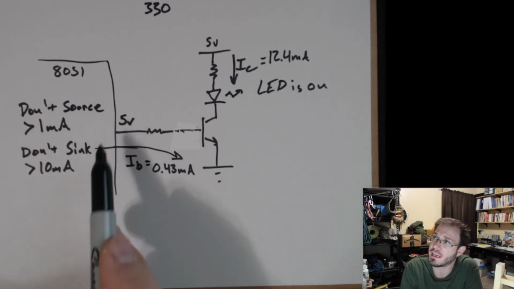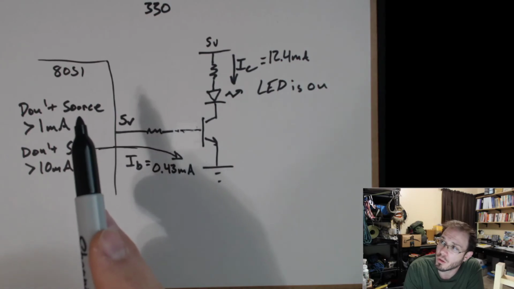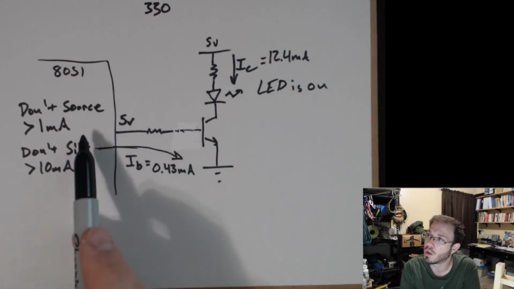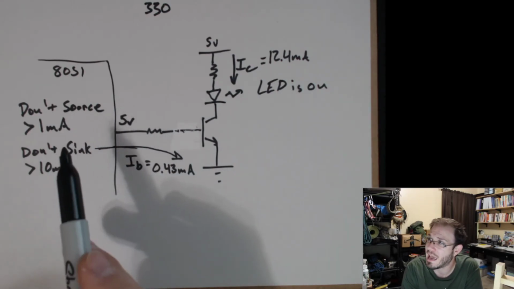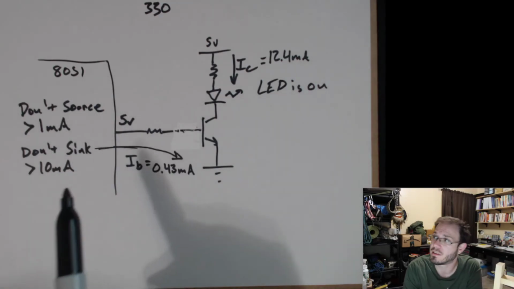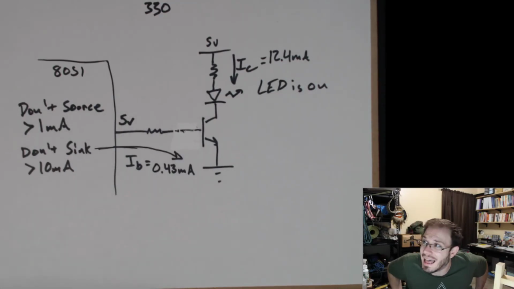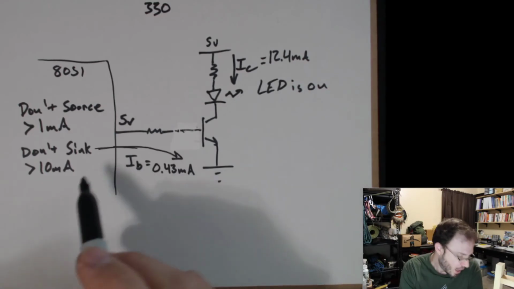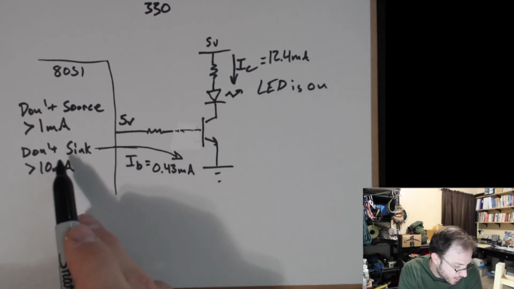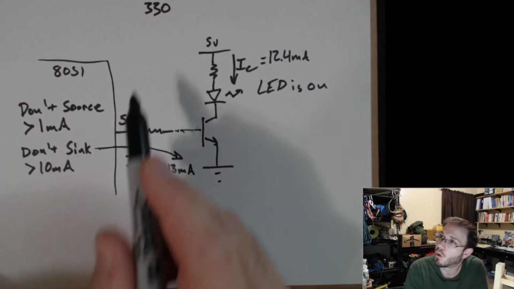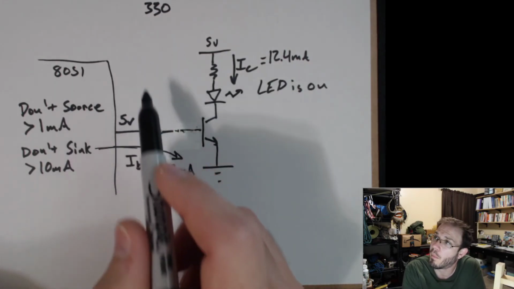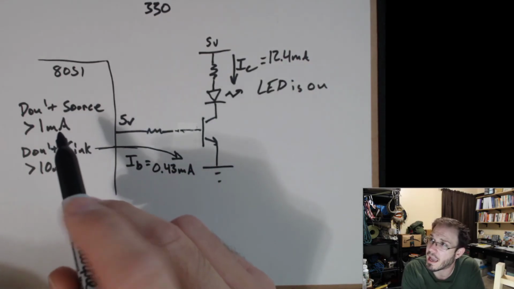You'll stress out the internal circuitry. You'll heat up the part too much. You'll cause some damage. You may get resets on your device. There's a lot of bad things that happen. And generally speaking, you don't want to sink more than 10 milliamps. You don't want more than 10 milliamps coming into the device.